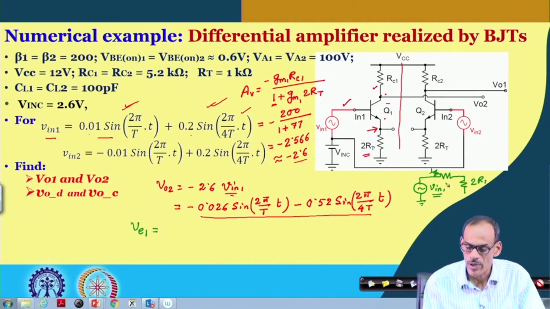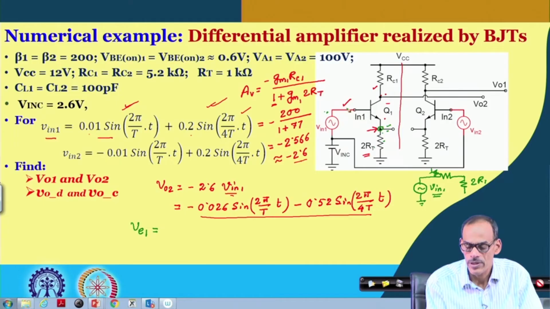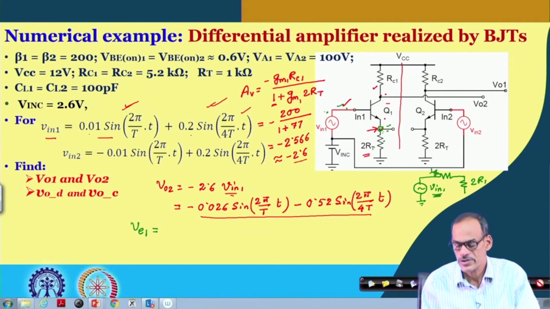Note that this Vin1 is not this Vin1, it is the signal coming at this point, which is very close to this signal, right. And so, before we consider this resistance, if I consider it as having infinite resistance, then at this point the signal will be the same as whatever signal we are applying here. So, that is why we are saying the voltage is getting translated to the emitter, or the emitter is following the base terminal, and then we do have this resistance, which is 1 by gm1.